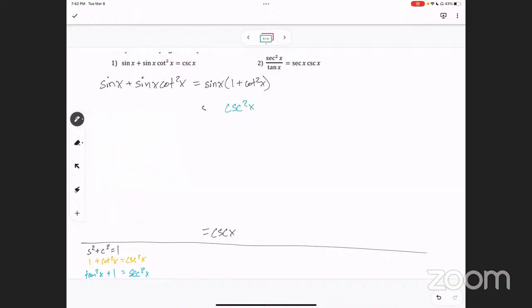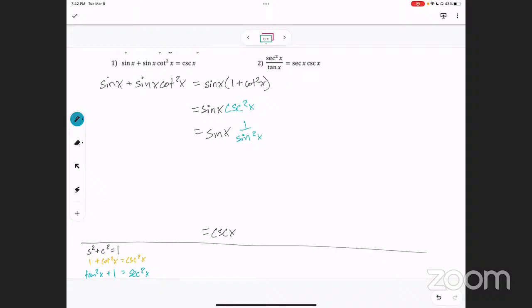And this was sine x. Now what? We're almost there. You can change the cosecant into 1 over sine, 1 over sine squared x.